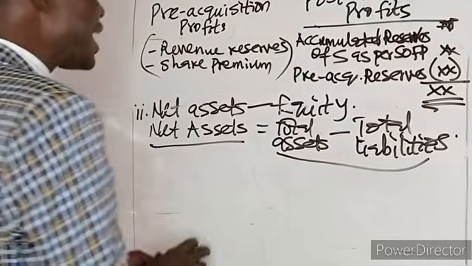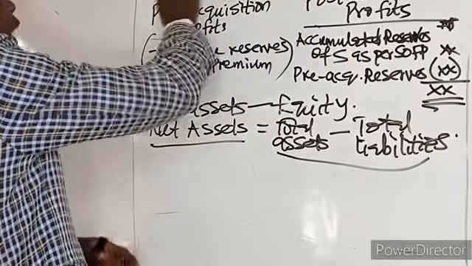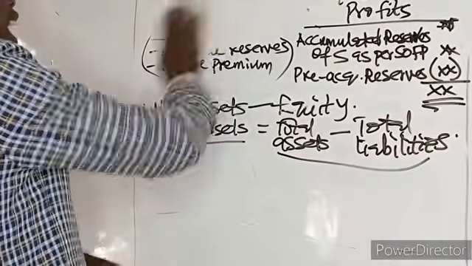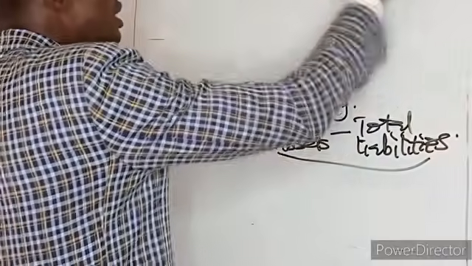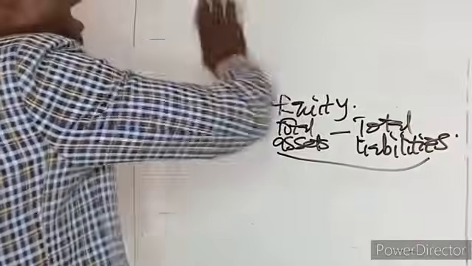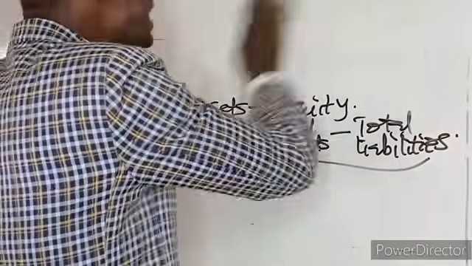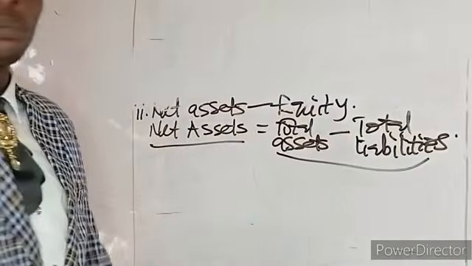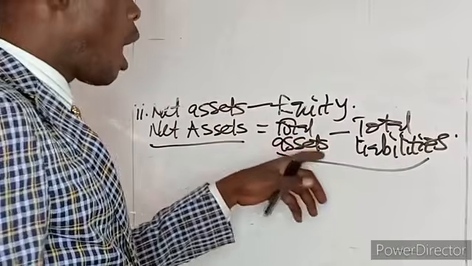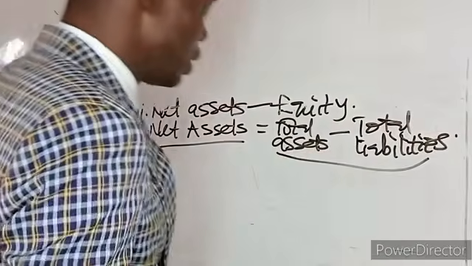So if net assets are equity, what is equity? In accordance with the IASB conceptual framework, equity is defined as the residual interest in the assets of an entity after deducting all its liabilities.